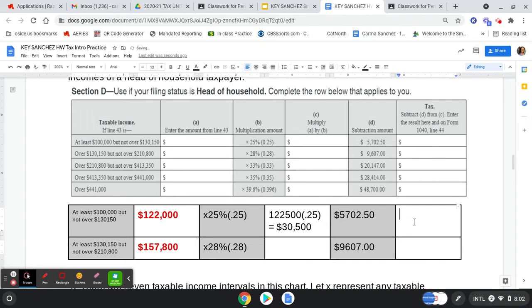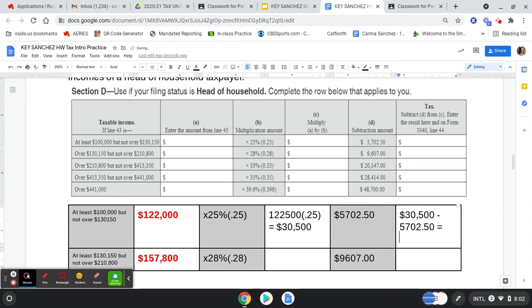And then we're going to subtract 30,500 minus this subtraction amount, 5,702.50. So for our actual tax amount, grab your calculator and subtract.